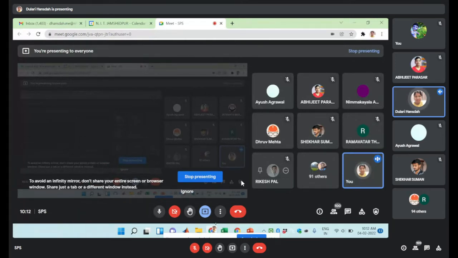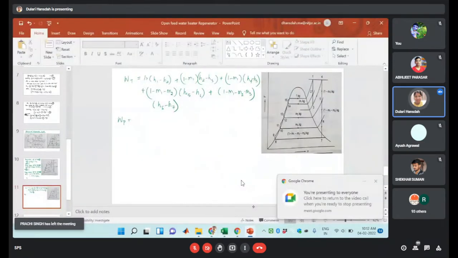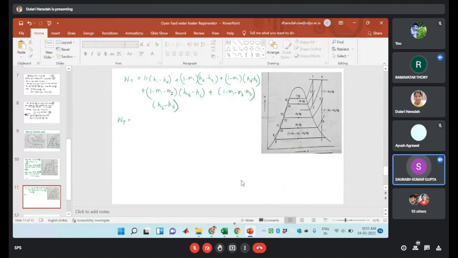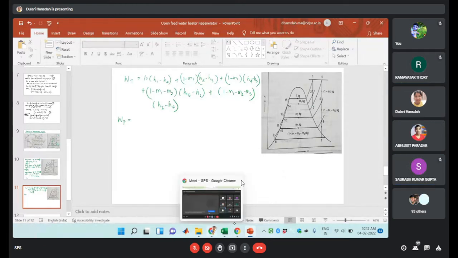Then can you tell me what is the mass in case of H11 and H10, that is 10 to 11? 1 minus m1 minus m2.